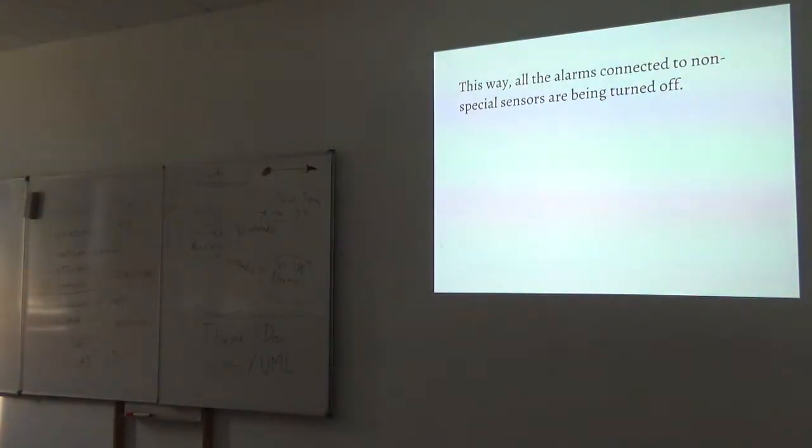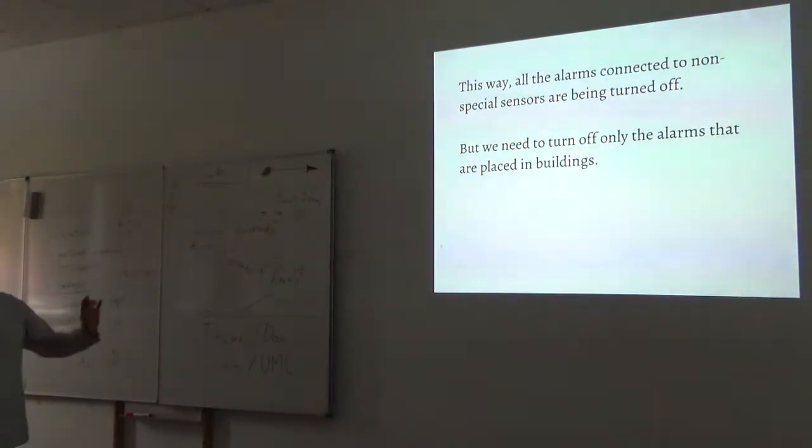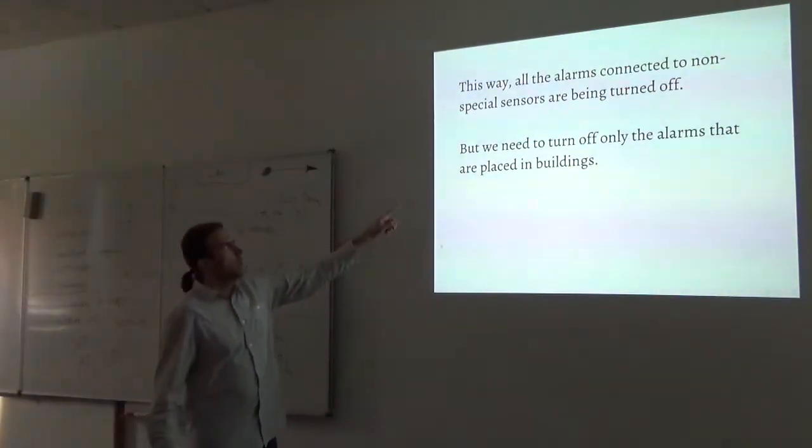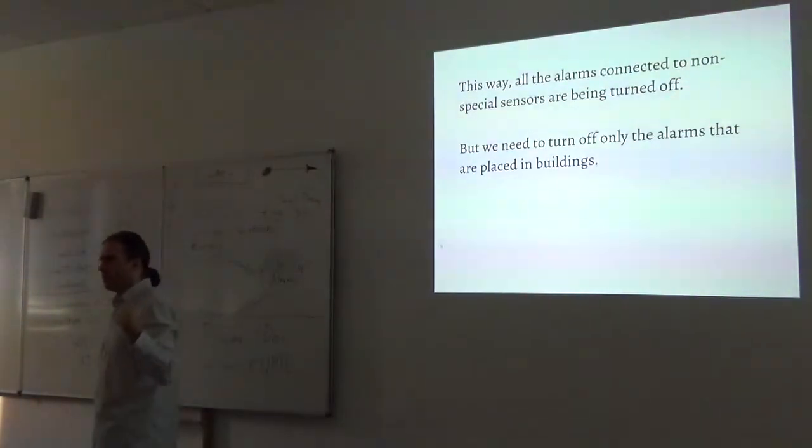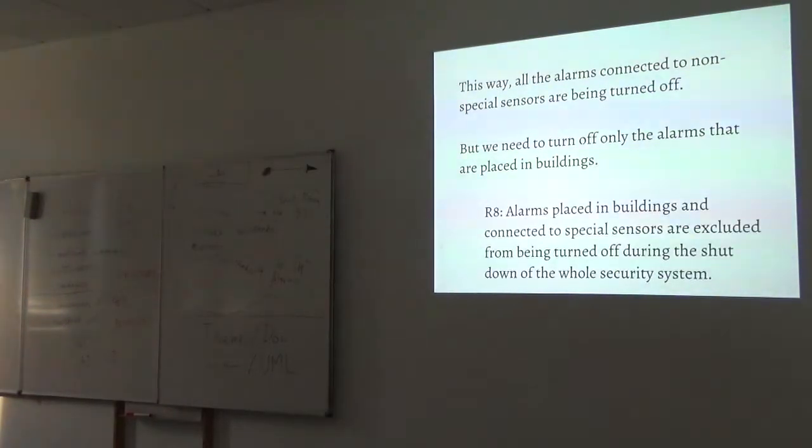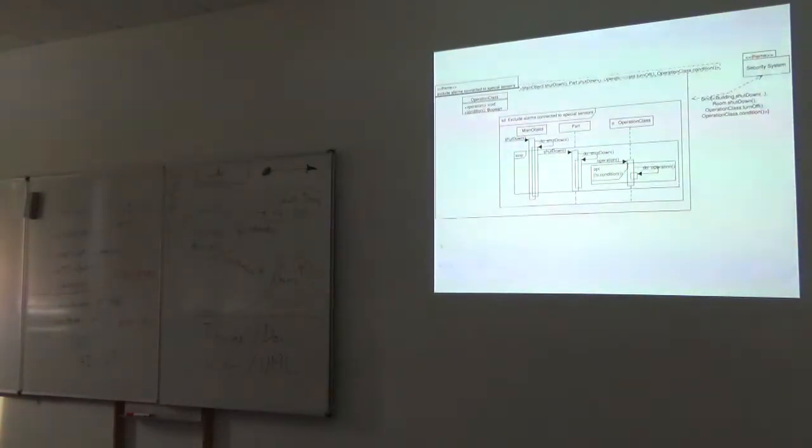But what we want to do, according to the requirement, is to turn off only the alarms that are placed in buildings. And this is our requirement, just to recall it. So we need to follow the alarms from the buildings, from the building class, and then decide which are going to be turned off.